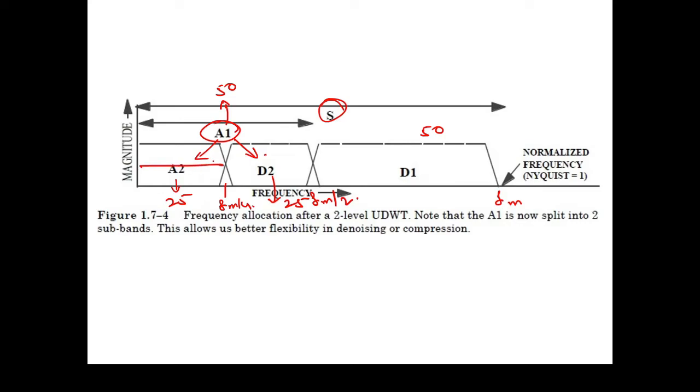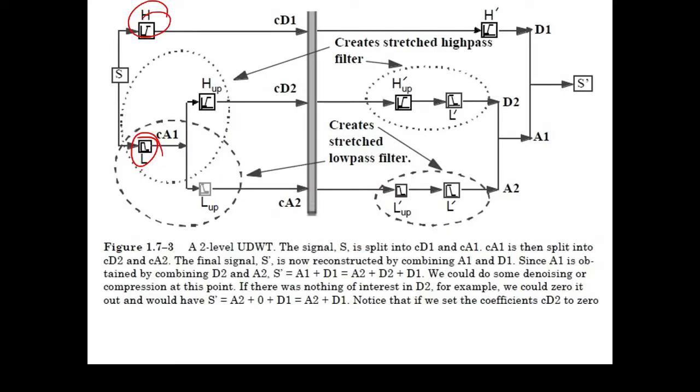That means this bandwidth is Fm by 4. So we are going at a discrete level. When we are talking about a continuous wavelet transform, these things are infinitesimally small. One is infinitesimally small, another is very large. So when you go like that, the transform you get is the continuous wavelet transform.